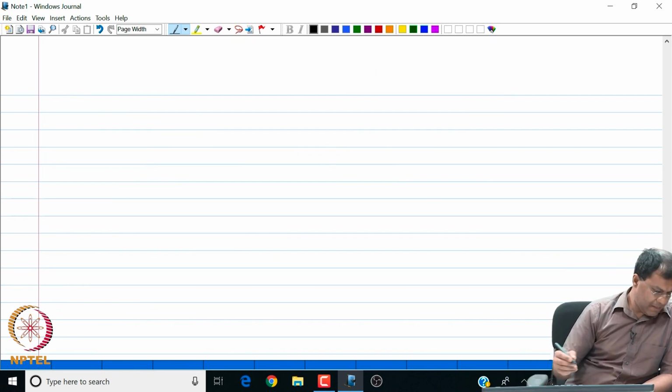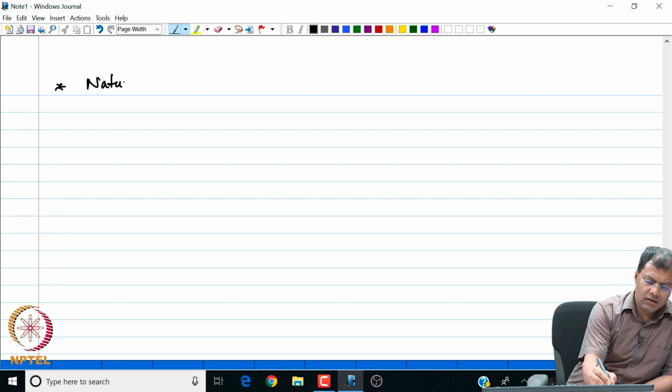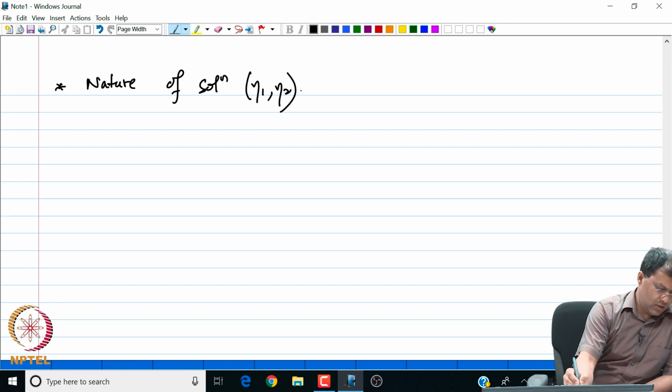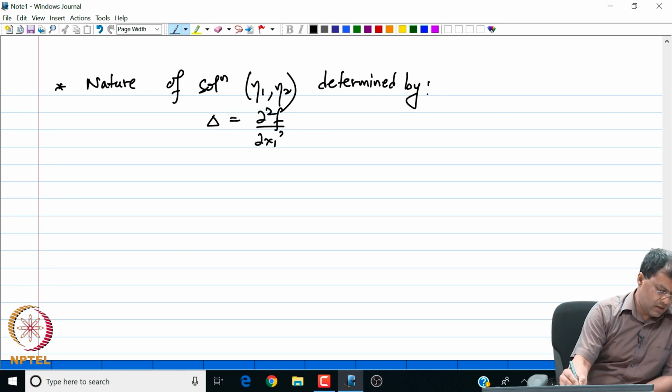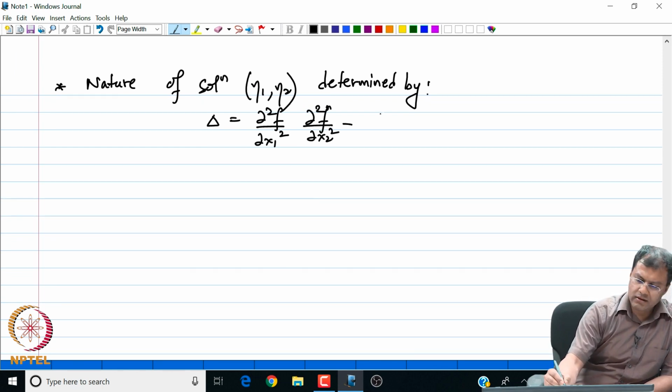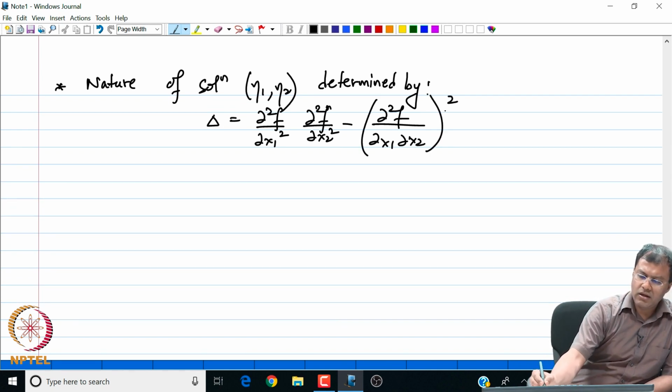So, the nature of the solution given by eta 1 by eta 2 is determined by this discriminant, which is the mixed derivative of f with respect to x1 and x2, squared, minus the product of the second derivatives with respect to x1 and x2.